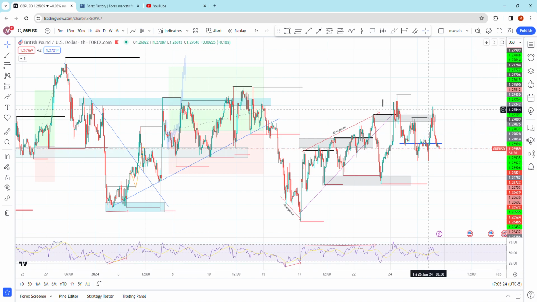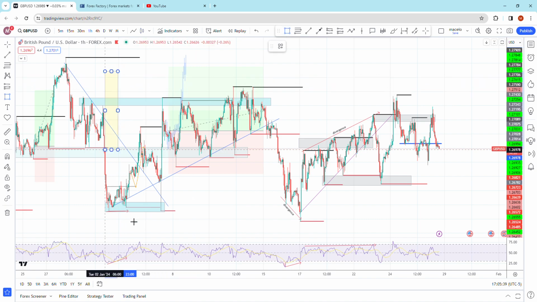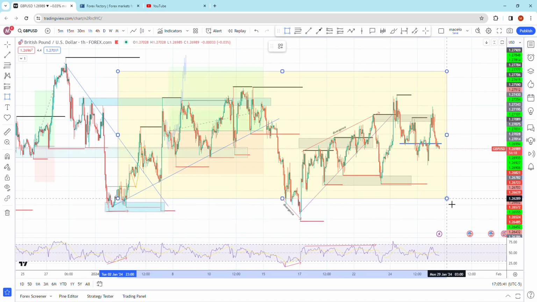So what I do is just GU, UJ, gold. At the moment with GU, you can see that if I was to show the same box right now, from here to here, it's almost like GU is kind of repeating itself.